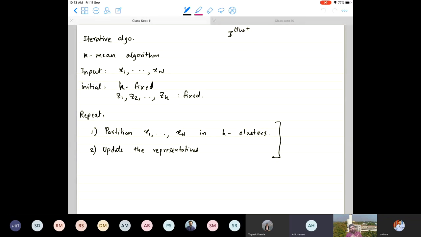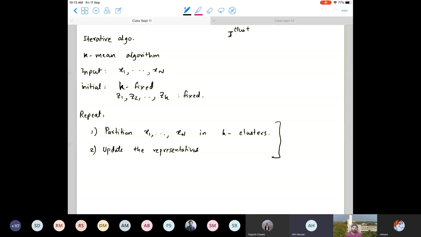But after one particular cluster number, say 5 clusters, when you increase the number of clusters, this value of J cluster does not decrease significantly. That means that you have sort of hit the saturation. So that is also one test to decide how to choose the number of clusters. So all these things you have to experience, through the data sets that will be given to you.